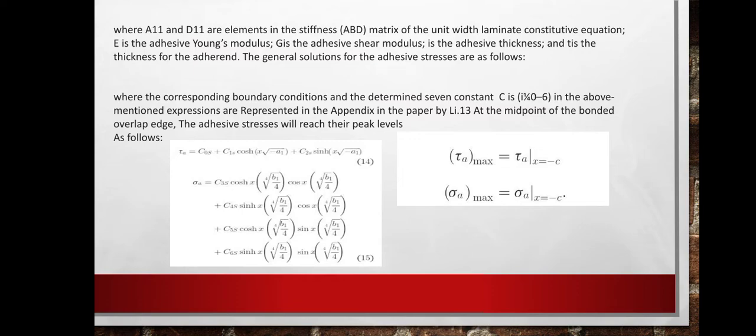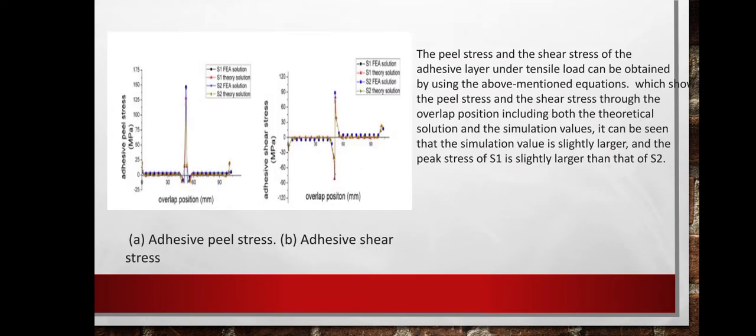Tau max is equal to tau a by x is equal to minus c. Sigma a is equal to sigma a by x is equal to minus c.